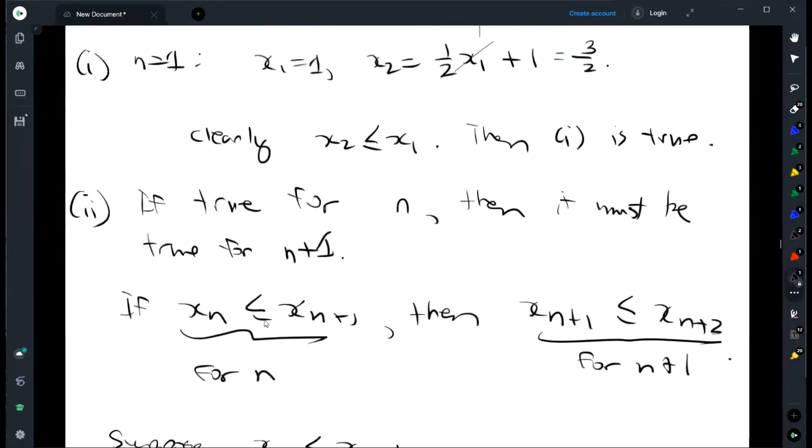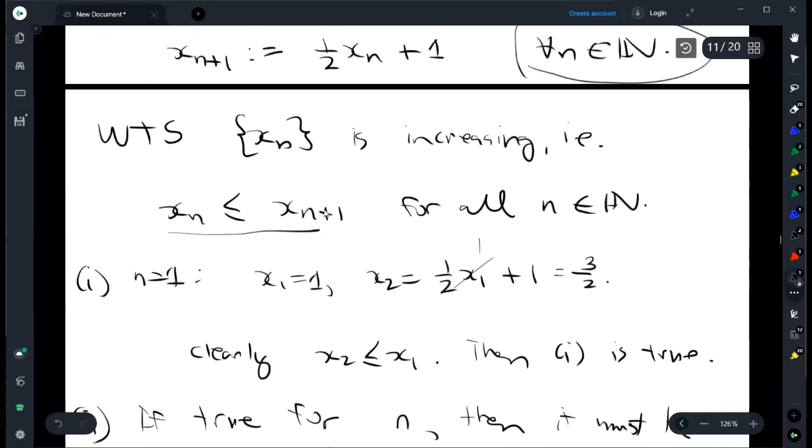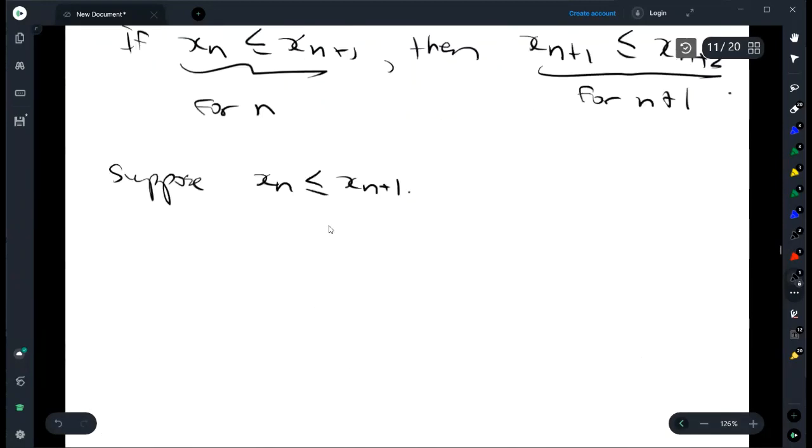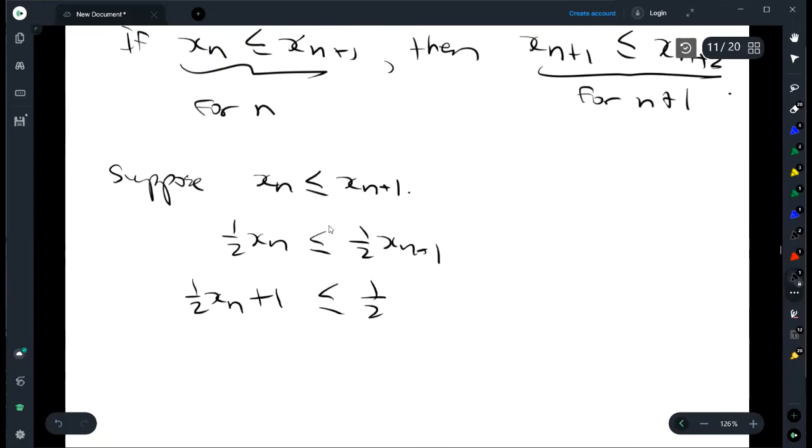How to do that is this: you can simply multiply both sides by 1/2, and then add 1 to both sides.